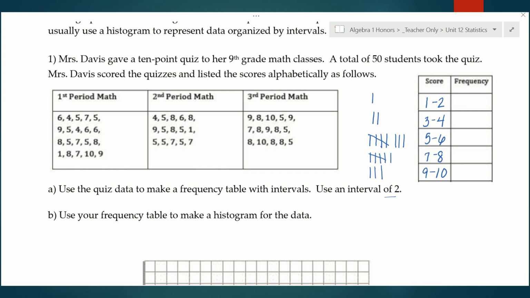So 4, 5, 8, 6, 8, 9, 5, 8, 5, 1, 5, 5, 7, 5, 7.